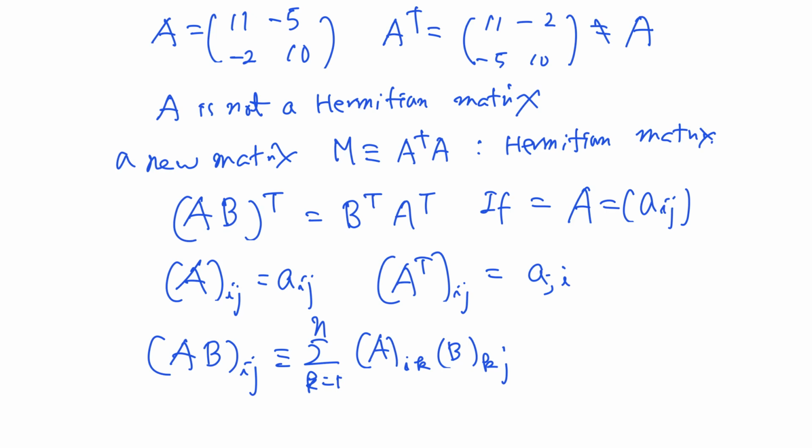On the other hand, you have AB transpose, and its ij element. It's the same as AB ji, right? If you take any matrix and its ij element, transpose of a matrix, then ij element becomes ji, right? You just change the column and row.